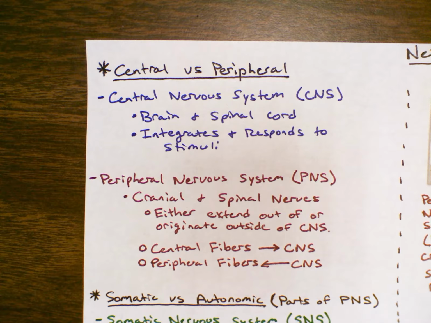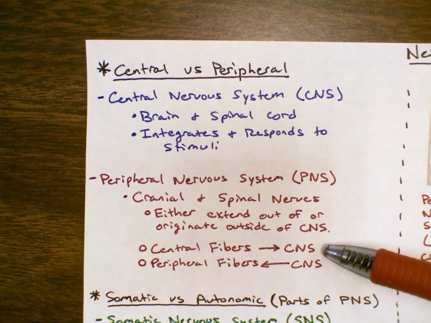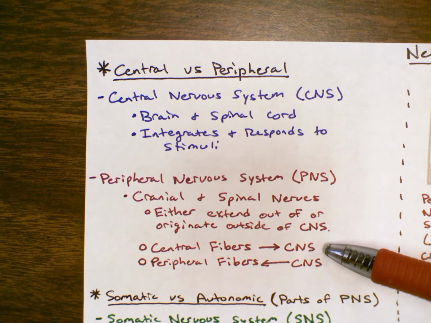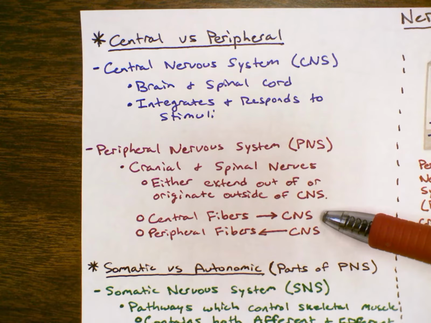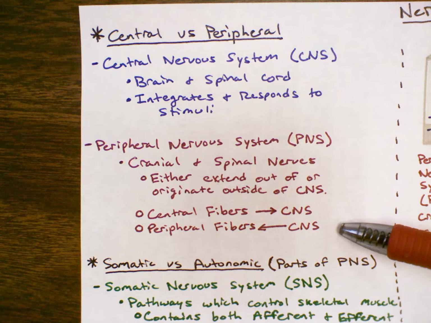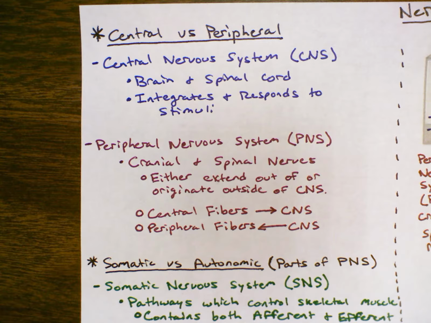And then we also have 2 directional terms. If we say that a nerve is a central fiber, what that means is it is sending information towards the central nervous system. If we call it a peripheral fiber, then it's going to be something that is sending information away from the central nervous system.